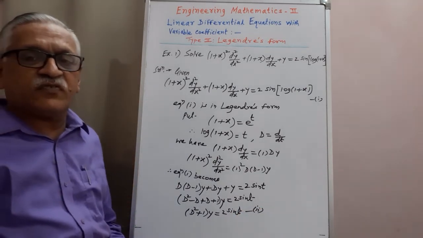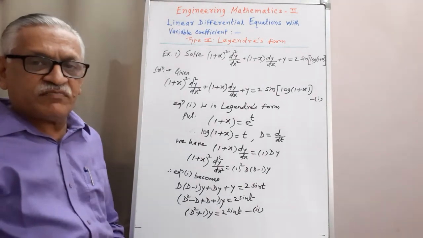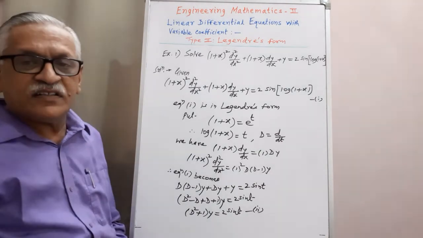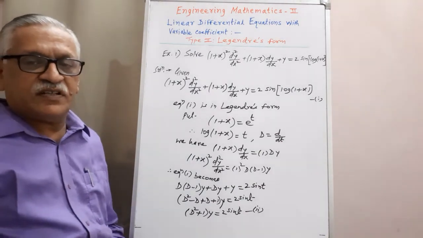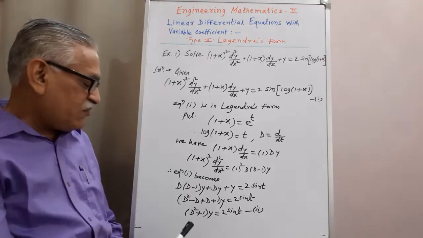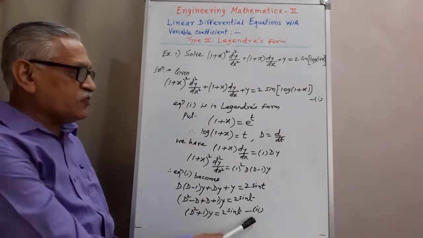And this new equation number 2 is a second order linear differential equation with y as dependent and t as independent variable, with constant coefficients. Applying the technique of finding the solution, we require to find CF and PI of equation 2.